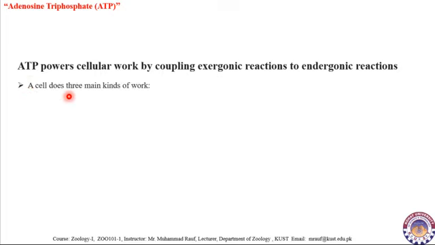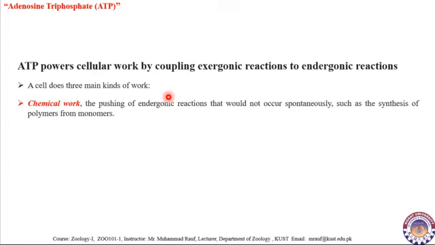So a cell does three main kinds of work where ATP is consumed. The first is chemical work, which is the pushing of endergonic reactions, the reactions which require the input of energy, because endergonic reactions do not occur on their own.